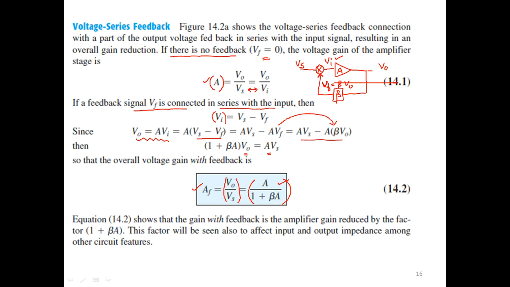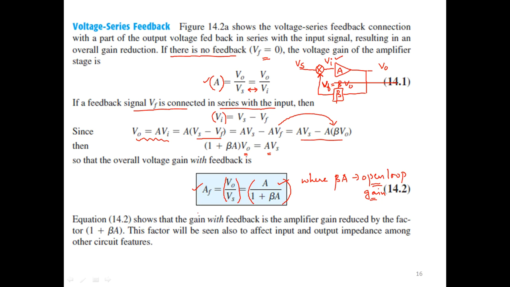The term beta into A is called the open loop gain. Its significance will be clarified when we talk about oscillators.